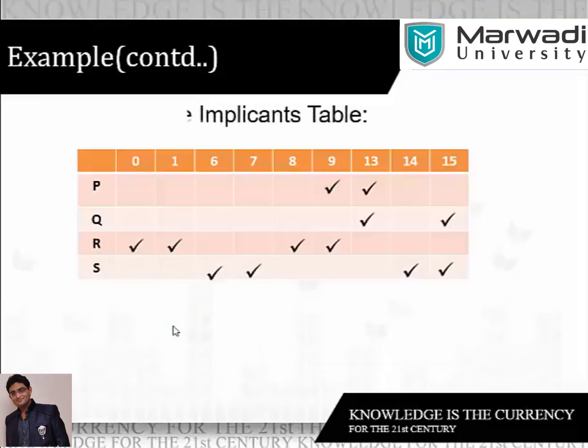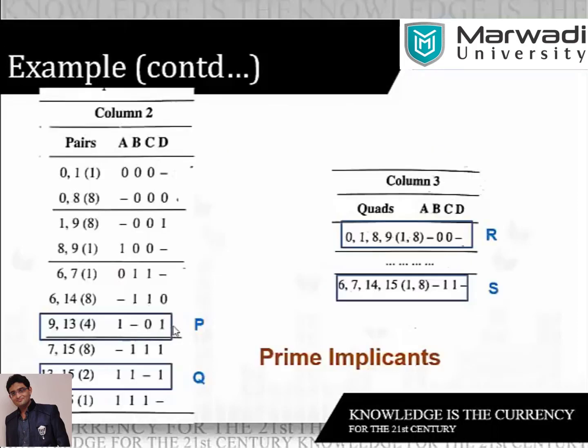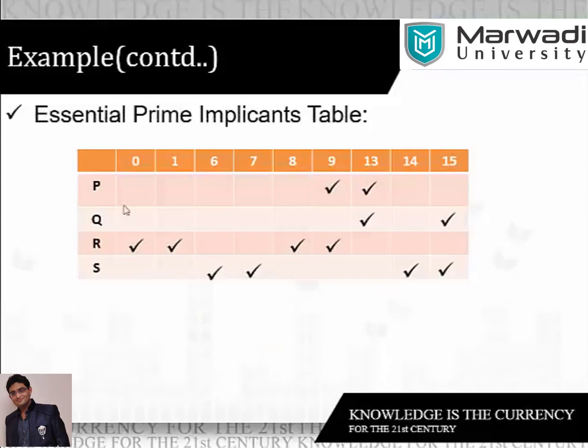Now, the next step would be to prepare the prime implicants table. The minterms corresponding to P are 9 and 13. Similarly, those corresponding to Q are 13 and 15. Let's put a tick in front of those minterms, for example, P with 9 and 13, Q with 13 and 15, and so on.